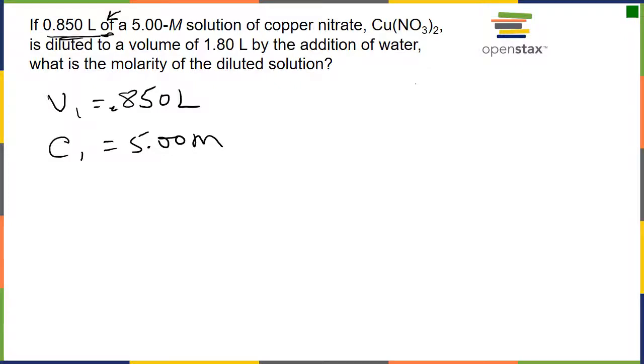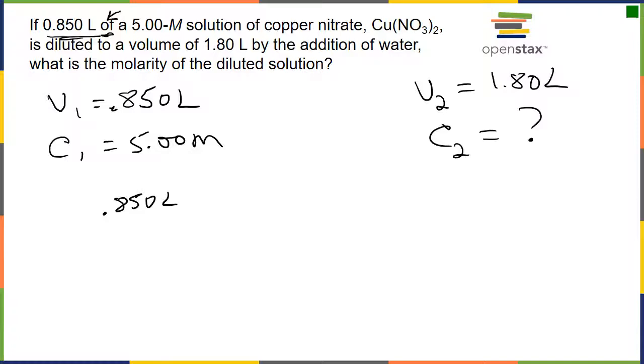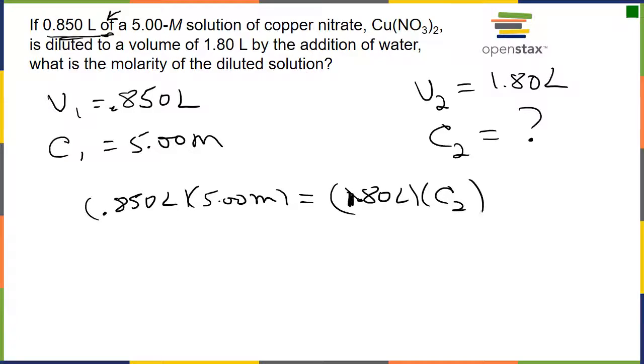And we are going to dilute to a total volume at the end of 1.80 liters of whatever the final concentration is, which is what we are solving for. So we're going to take 0.850 liters multiplied by 5 molar equal to 1.80 liters multiplied by C2. And when we do our math, our concentration here is going to be 2.36 molar. V1C1 is equal to V2C2.